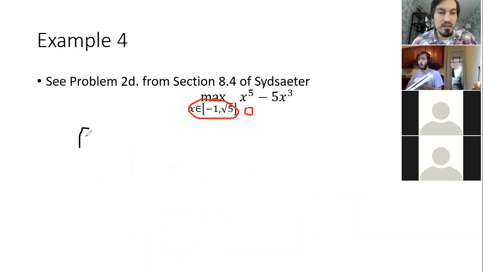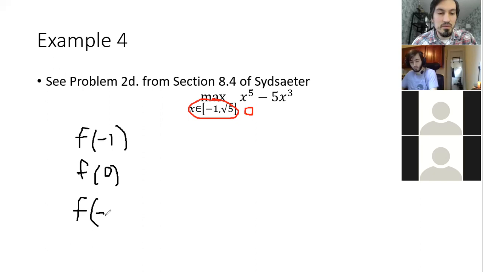We just have to find f of -1, see what that is equal to. F of 0, see what that's equal to. And f of the square root of 5 and see what that's equal to. Whichever one gives us the highest is the max. Hopefully you guys know how to do this. Plug in -1 to the 5th power. -1 to the 5th is -1.